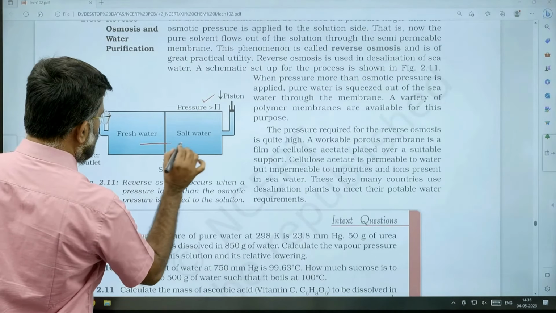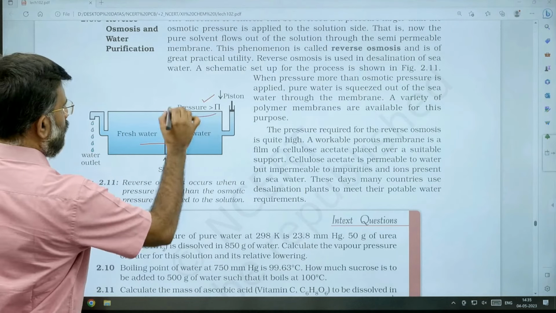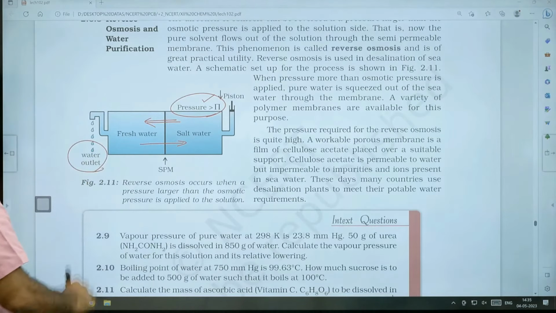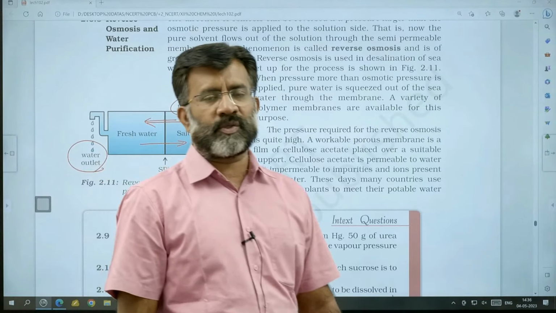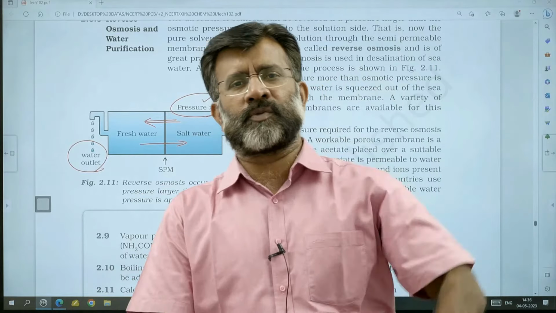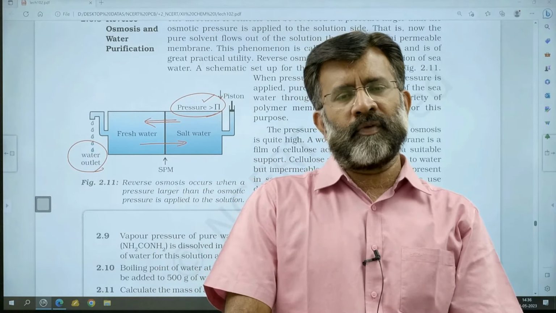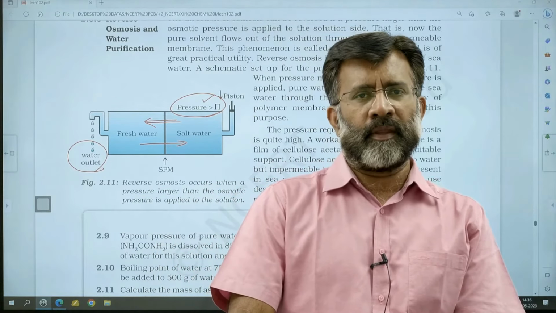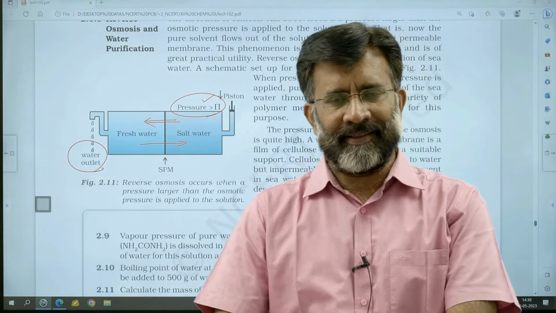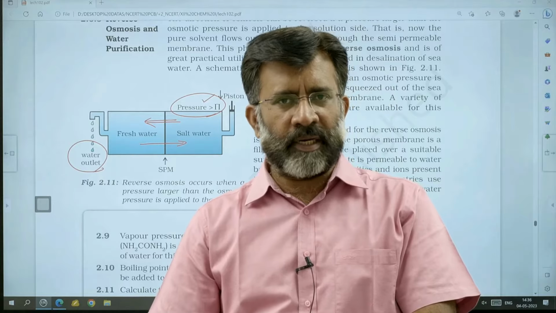Usually, water enters this way. But when you do this, water enters this way, and fresh water can be taken out. Reverse osmosis. By applying a pressure greater than osmotic pressure, water will start to migrate from the solution to the fresh water area.